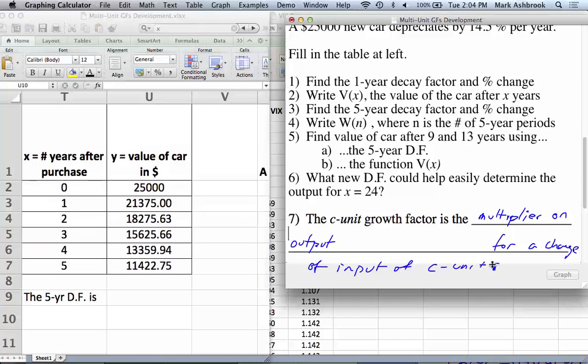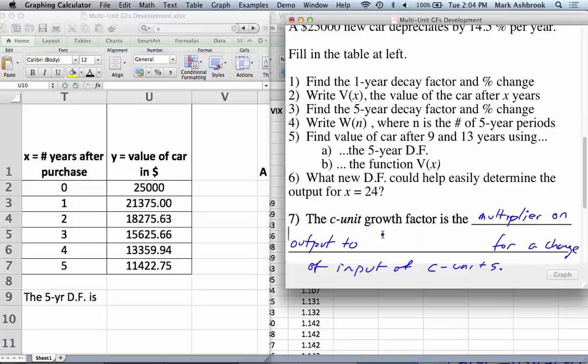So what are we missing in the middle? Justin? Of the preceding term to get the next term. Well, instead of next term, that's what we're saying for a change of input is C output. So it's a multiplier on output to give us what? Watch out for next, because next has the idea of a 1 unit change.